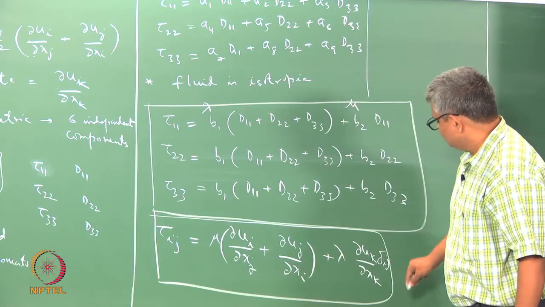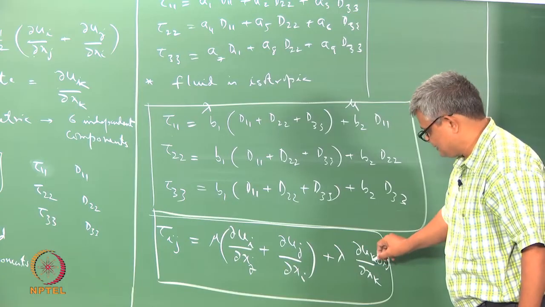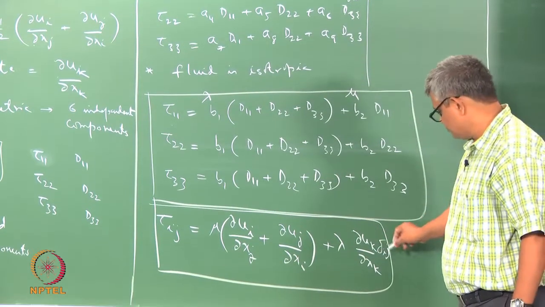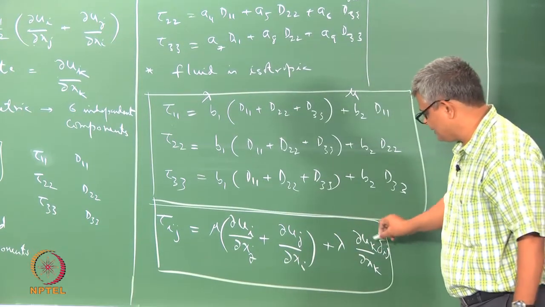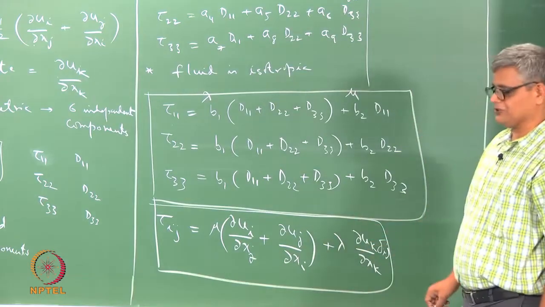Here usually this particular term, dou uk by dou xk, is very small for most fluids, so it becomes negligible, and so we do not need to really know the value of lambda in most cases.